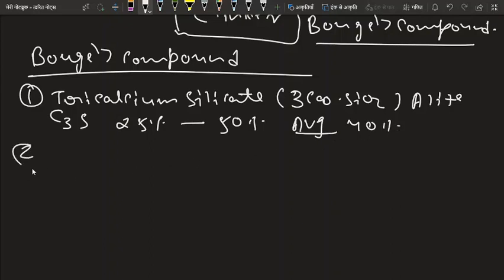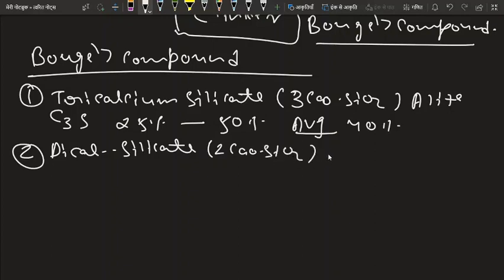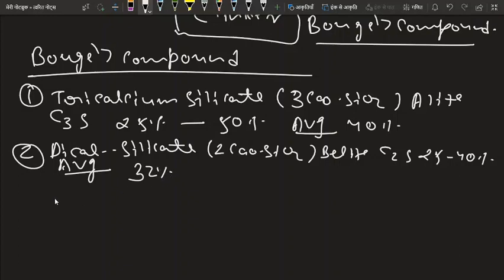Second one is dicalcium silicate, 2CaO.SiO2. It is also called belite, also written as C2S, and it is present about 25 to 40%, on an average about 32%.